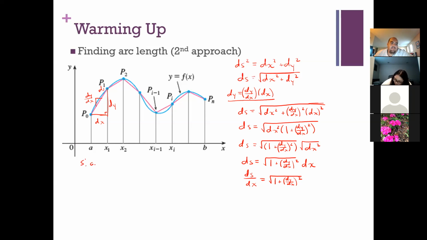S is a measurement of arc length. If I could take this curve, this function graphed in blue, and stretch it out and take a simple measurement of it, that's the length I'm going to find. So I have ds dx equals this radical. This is the rate of change of arc length with respect to x.